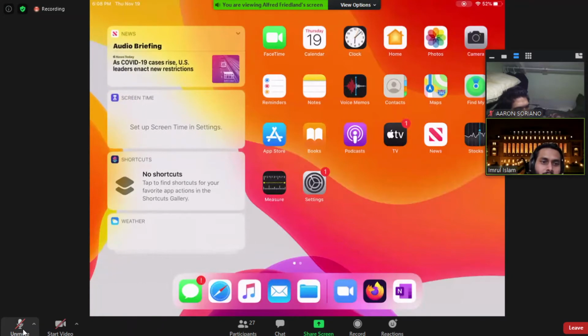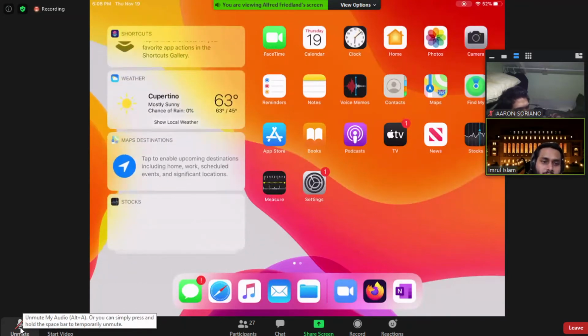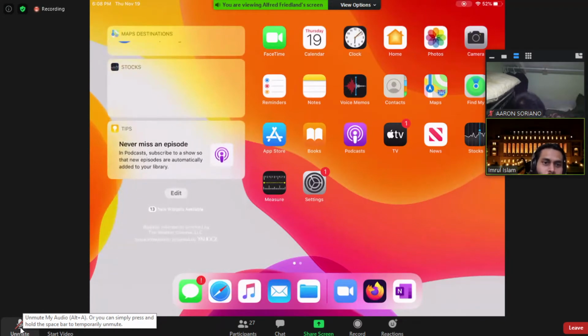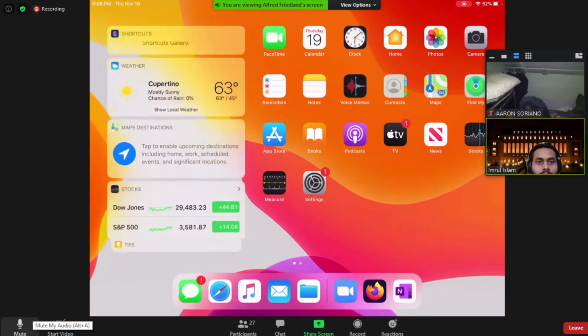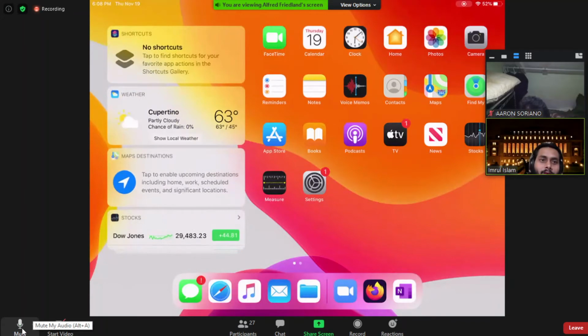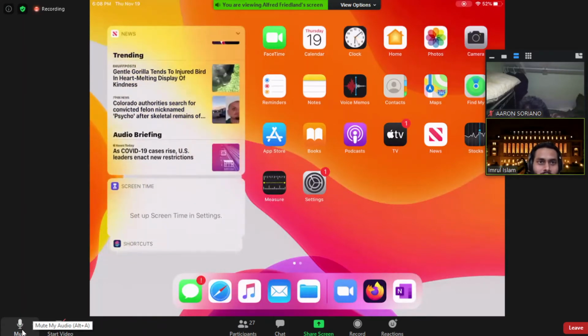Go downward, all the way to the top. Keep going until you can no longer go.